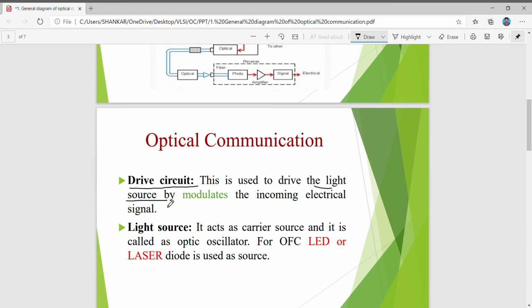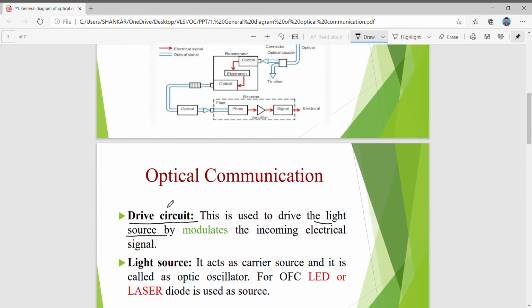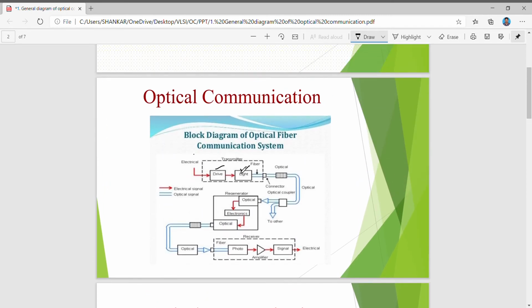The light source operates only for light signals, that is, optical signals. It cannot operate for the electrical signal. So the drive circuit is used to drive the light source in order to generate the optical signal.